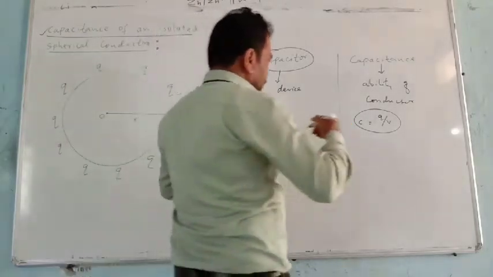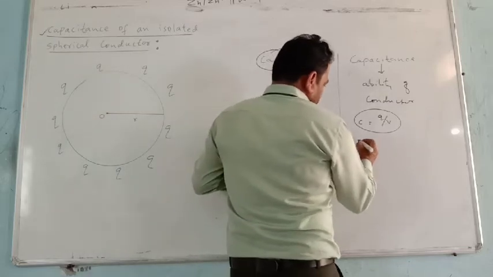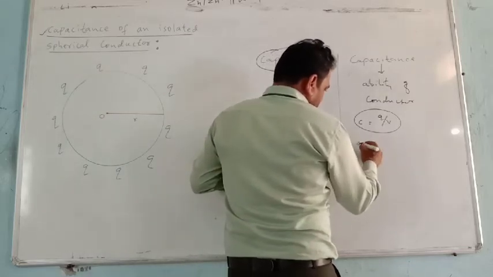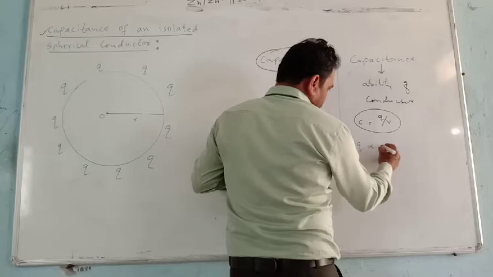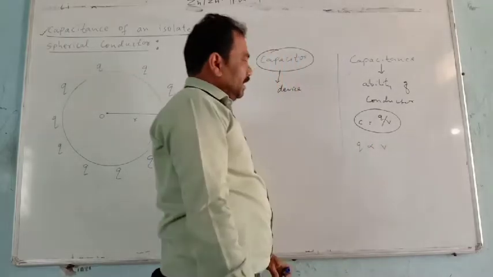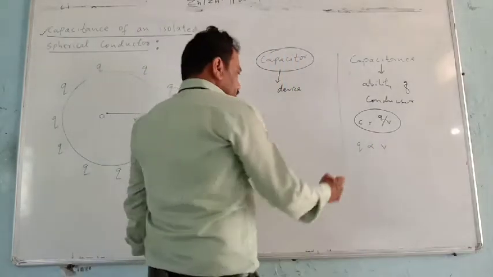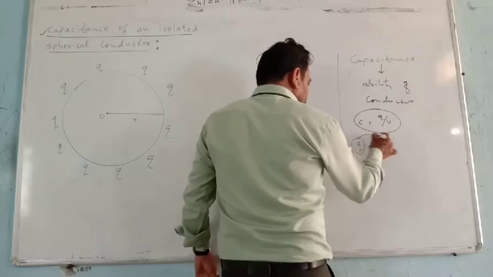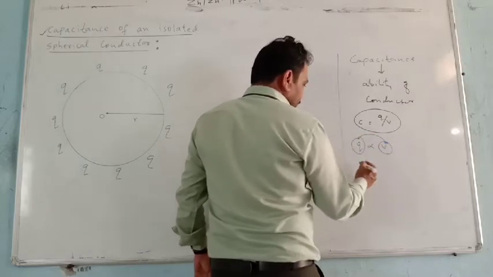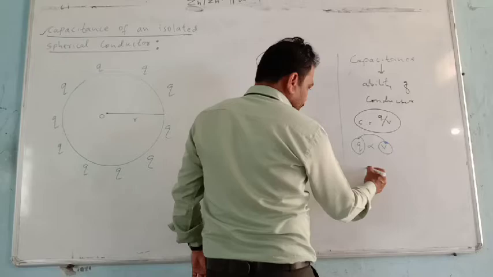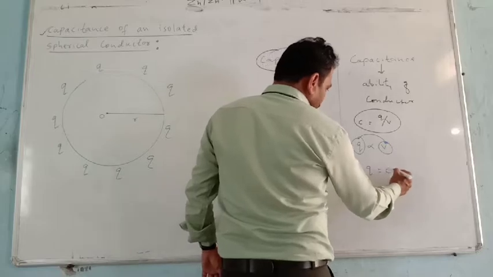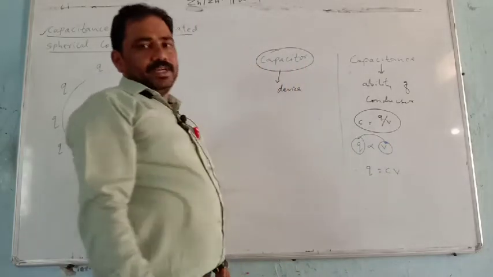Therefore the relation between these two is that charge is directly proportional to volt, that is the potential difference. So charge is directly proportional to potential difference. It indicates that Q is equal to some constant into potential difference.